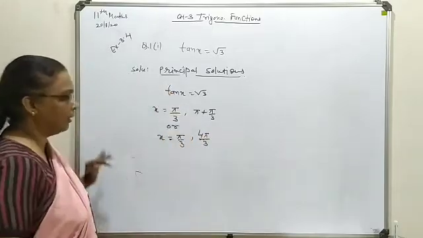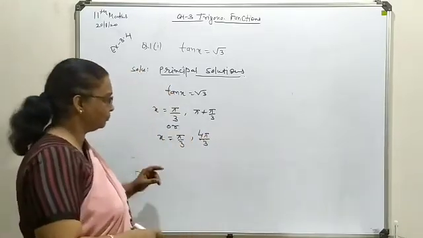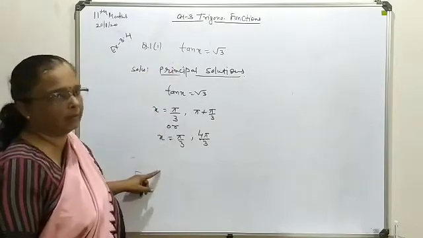So these are called the principal solution for the given trigonometrical form.